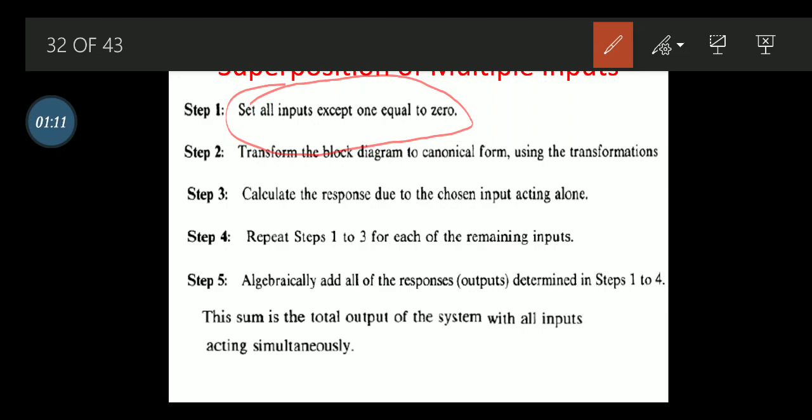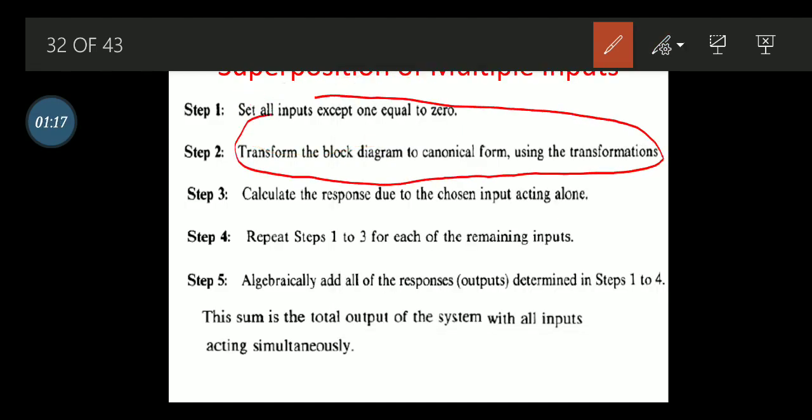Then step number 2 is transform the block diagram to canonical form using the transformations. You are all familiar with the transformations, that is, block diagram reduction techniques. By using those techniques, bring the block diagram into canonical form.